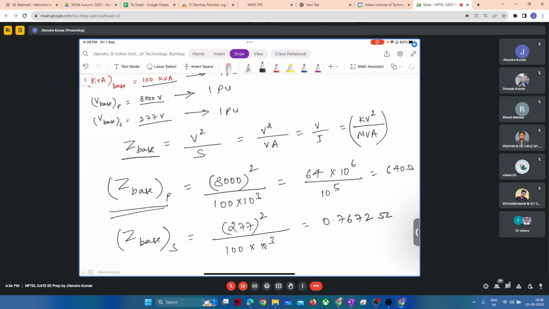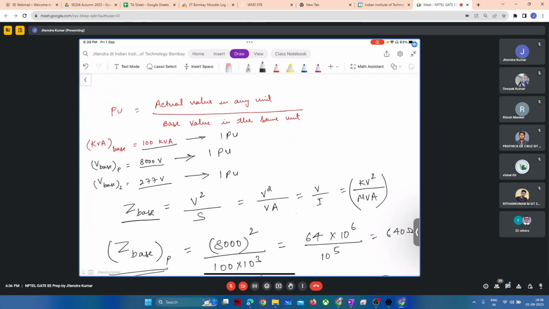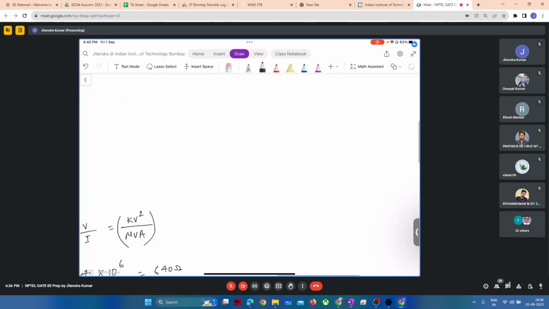Now what you have to do is just divide the actual values by these base values in the equivalent circuit you have drawn, not referred to any side. The initial equivalent circuit, where the primary side was like this.